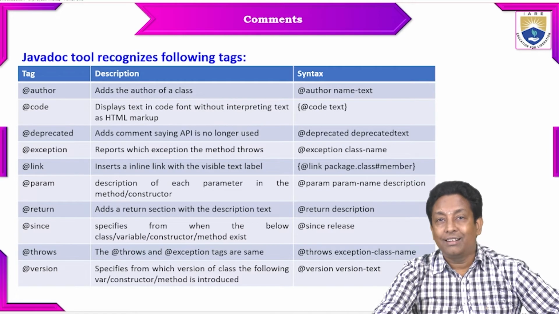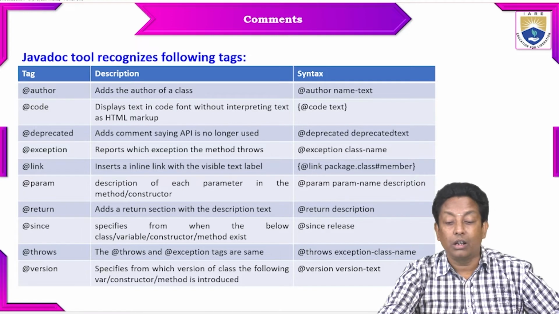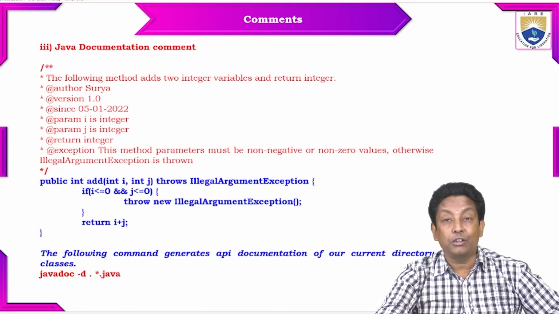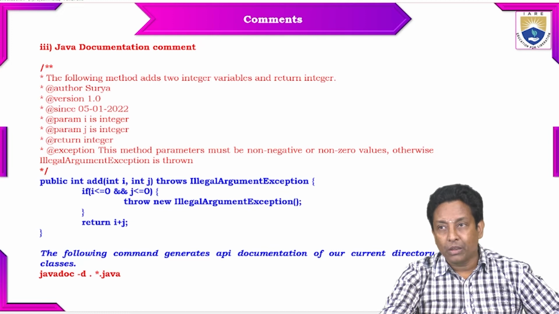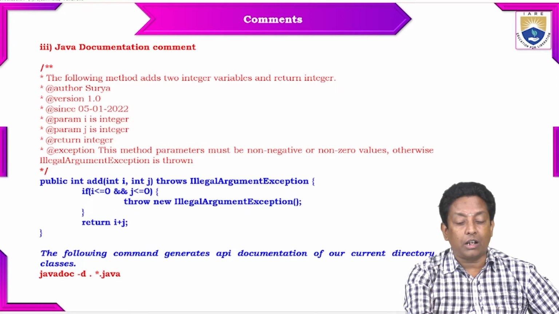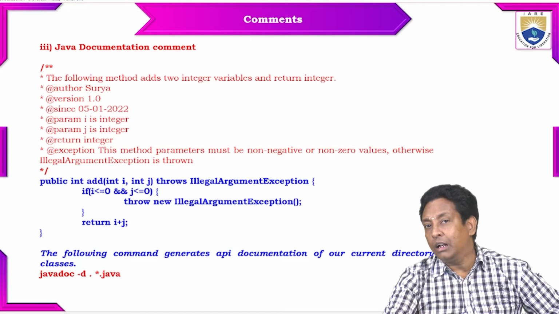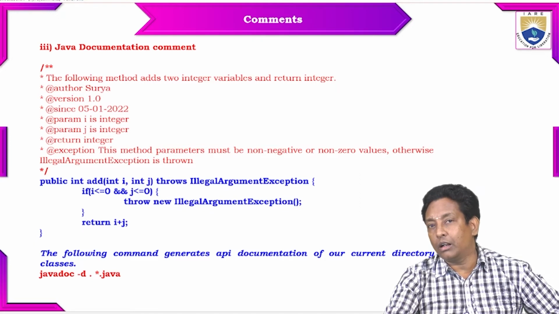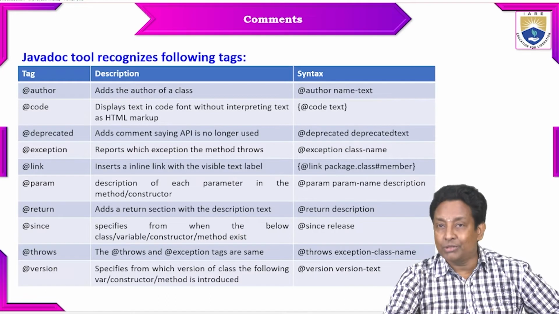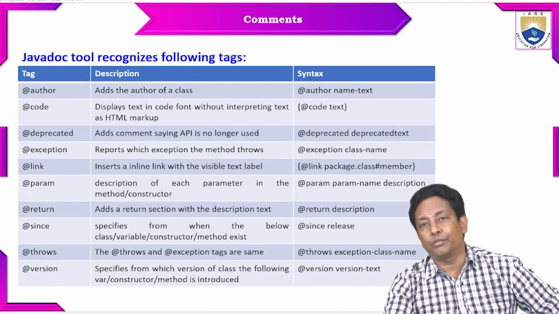These are some of the tags used in the Java documentation: @author, @code, @deprecated. Suppose the method became old or outdated, and developers don't want it to be used, you can just put @deprecated in the Java documentation comment. If you put it on top of the method, it indicates that the method became obsolete, old, outdated, or maybe an improved version of the method is implemented.